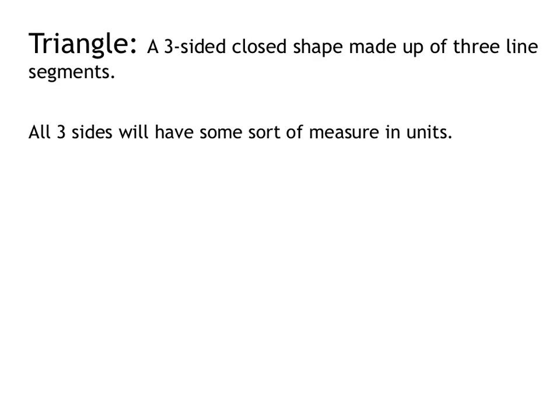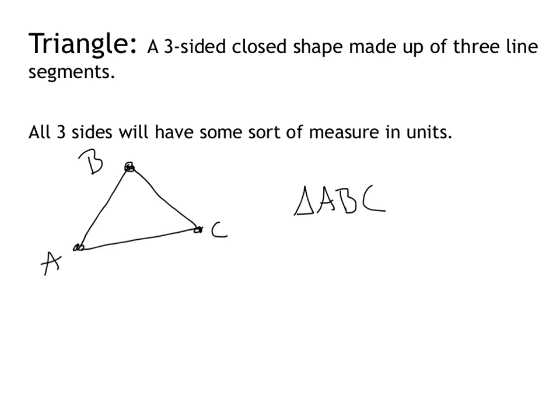After speaking about linear measure, line segments, congruence, and midpoints, we're going to talk a little bit about triangles. A triangle is a three-sided closed shape made up of three line segments. Remember, every line segment has a linear measure. Below, I've included our first triangle.